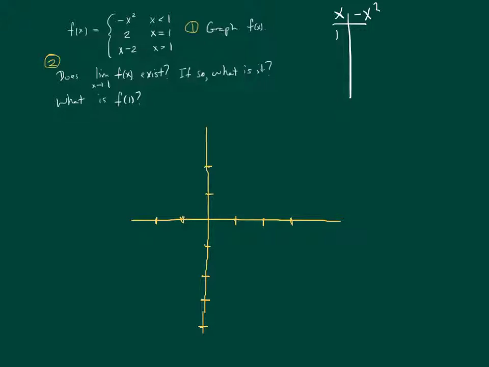Important to note is that x is less than 1, which means we're going to make a big note right here that this point is going to be graphed. Okay, you gonna be alright? Yeah.